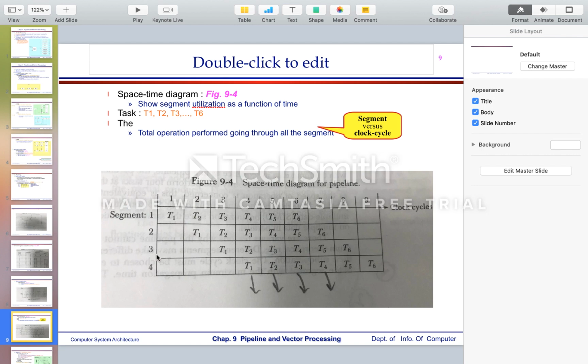In the horizontal axis there are clock cycles, and in the vertical axis there are segment numbers. We are assuming here we have 4 segments in the pipelining, and let's assume 6 tasks, from T1 to T6.